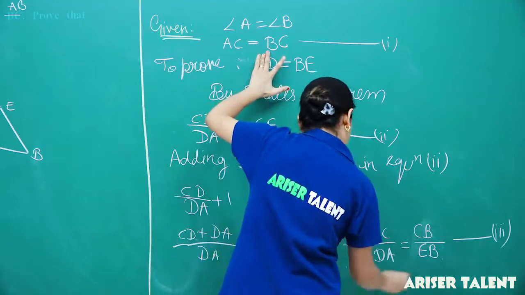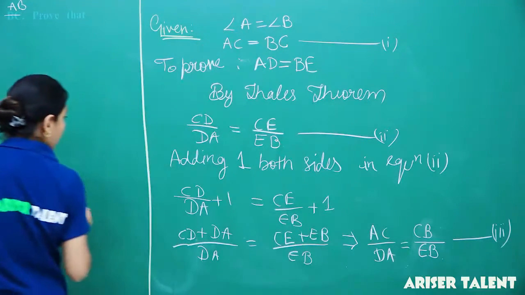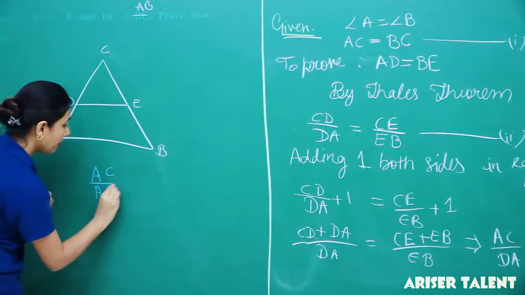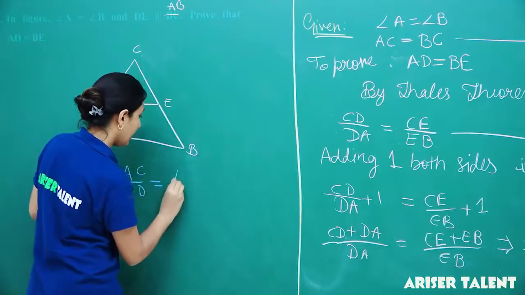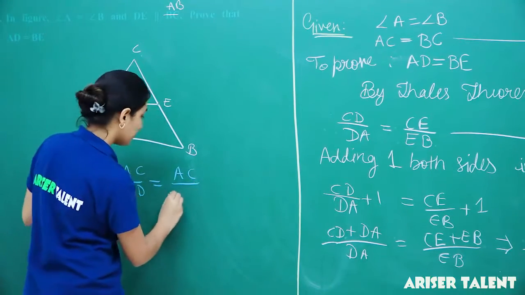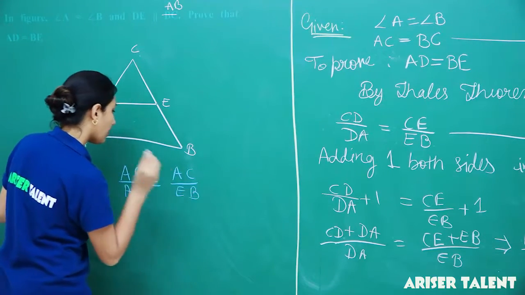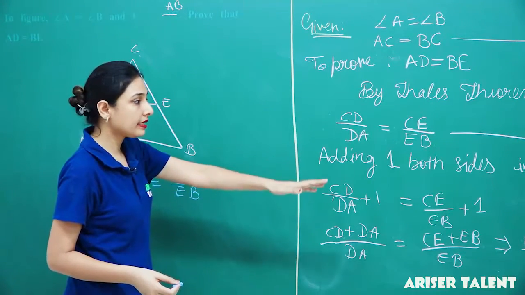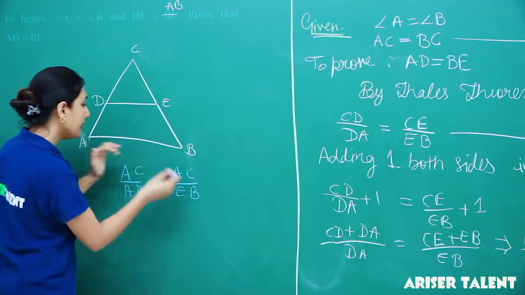Okay. So, in this equation we can write it like AC by AD will be equal to AC by EB. So, replacing the value of AC by BC, we will be finding this equation.